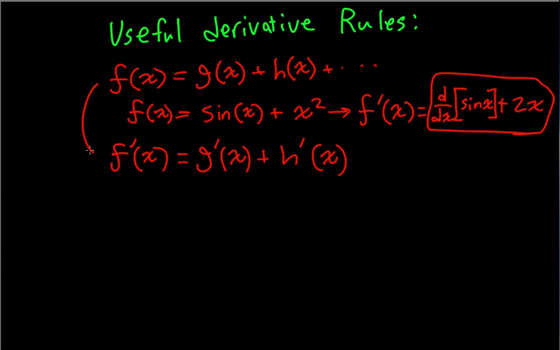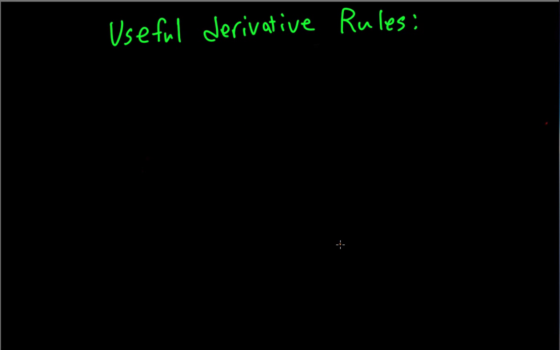It's pretty simple. Then there's one other rule which I think will also make a bit of sense. So the next rule is one of multiplication, or rather coefficients. In this case, we have f of x is equal to, let's say, some constant c. It's just a constant.